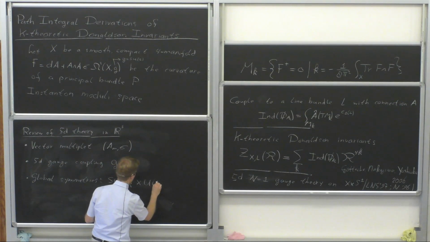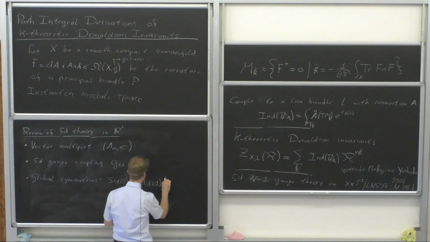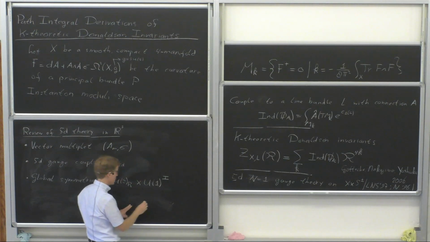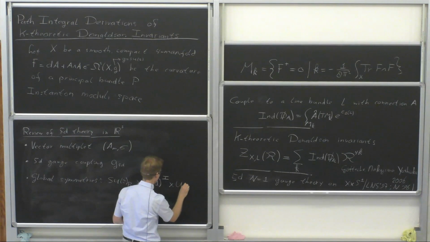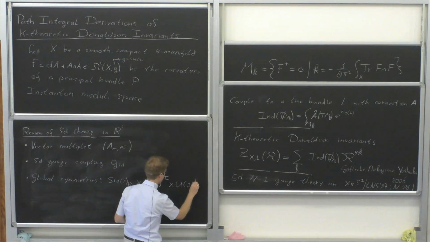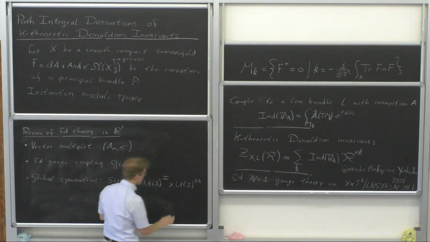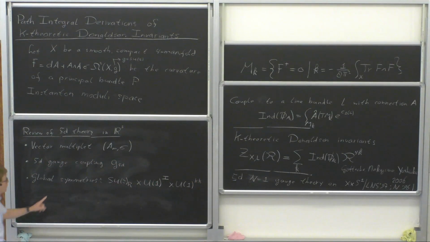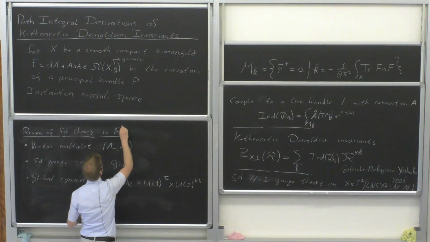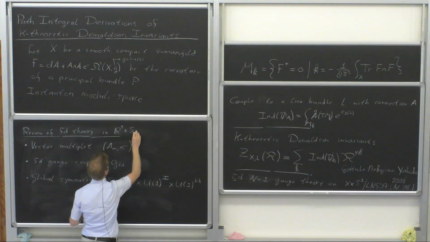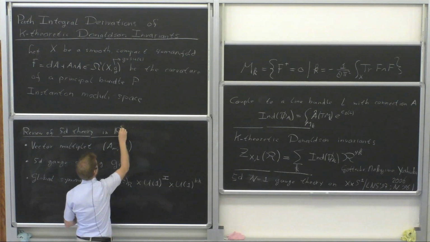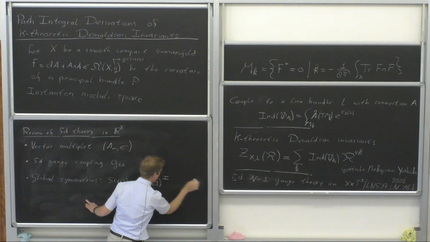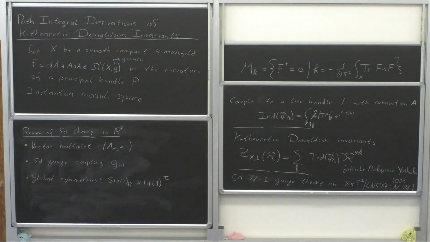Then we have a so-called U(1)_I instanton symmetry, and there's another U(1), which is the Kaluza-Klein symmetry. Sorry, this is then for R4 times S1. Actually, let me do it this way. I won't talk about the Kaluza-Klein U(1).